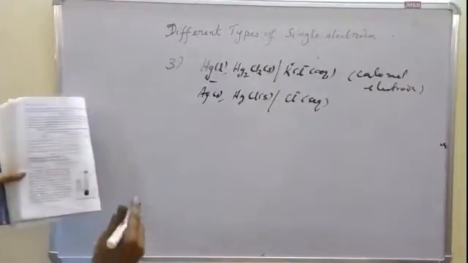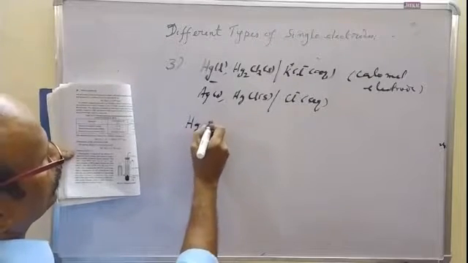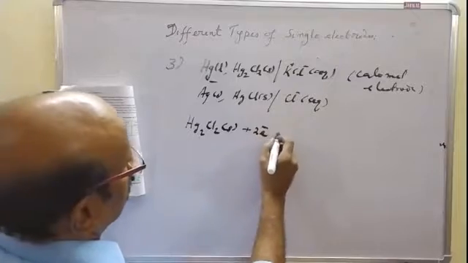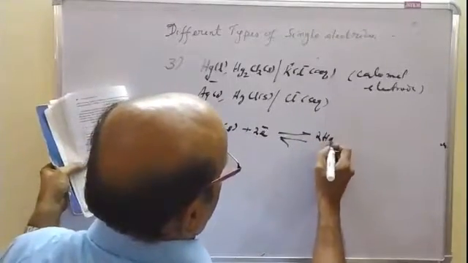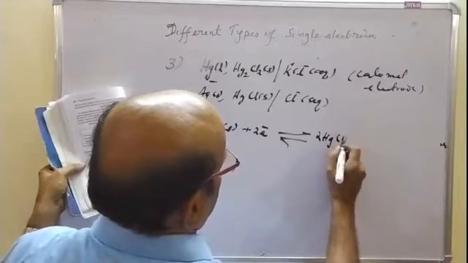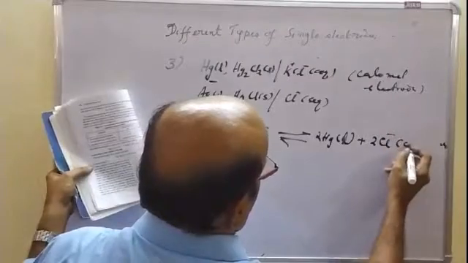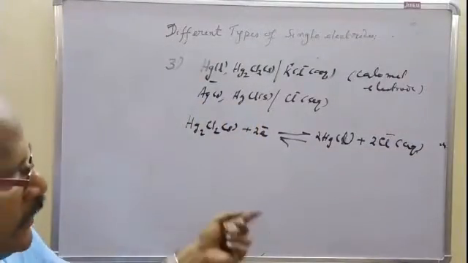So the electrode reaction involved in this, in terms of reduction, is Hg2Cl2 solid plus 2 electrons reversibly gives 2Hg liquid plus 2Cl minus aqueous.